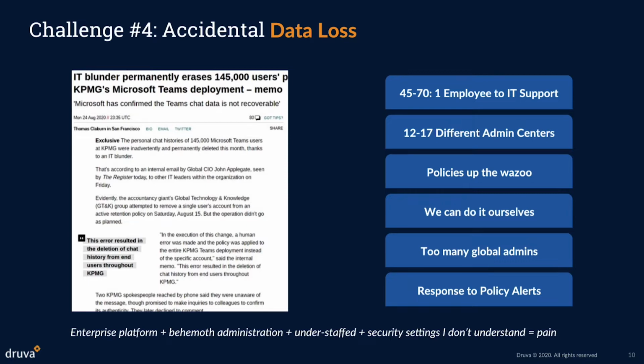But because 365 is very wide and it's very deep in its administration, and depending on how much support your team has, the ratio of employee to IT support, the smaller the company, potentially 45 to 70 to 1, right? 45 to 70 employees to one IT support.